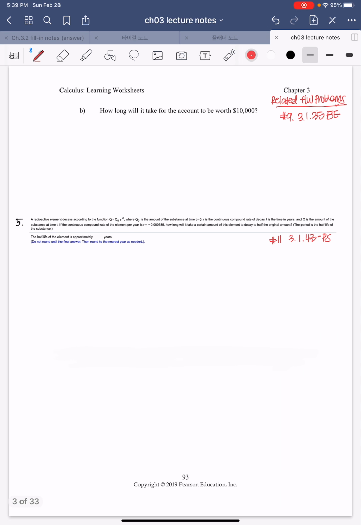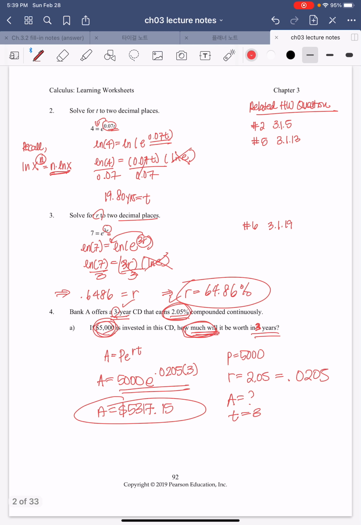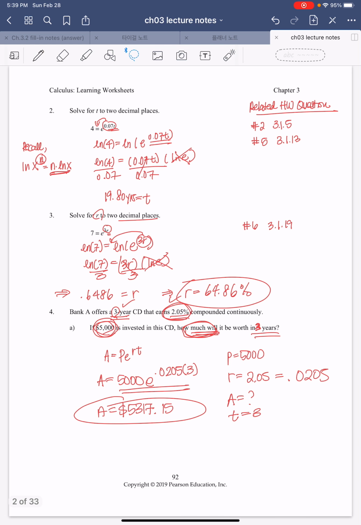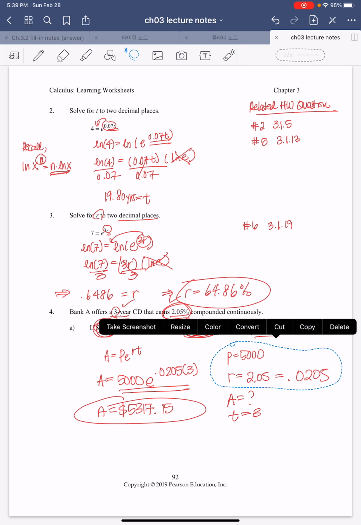Let's try letter B. How long will it take? This time I'm looking for T. So I'm going to be taking the same information. Initial money is still the same. Rate doesn't change. So 5,000 to begin. Let me in fact copy these two.